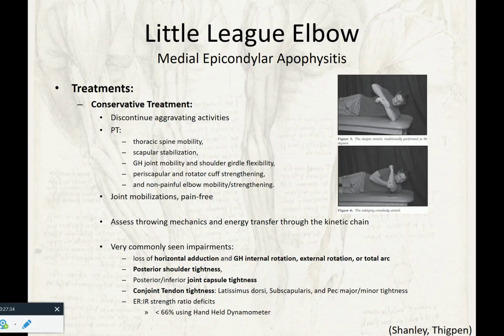And then the big area where they might also have tightness is what we refer to as the conjoint tendon. This is the area of the shoulder where the latissimus dorsi, the subscapularis, and the pec major all insert onto the humerus, and we know that occurs near the lesser tubercle. So this area can become very tight, and all these muscles, as you know, perform shoulder adduction. They also perform shoulder internal rotation.